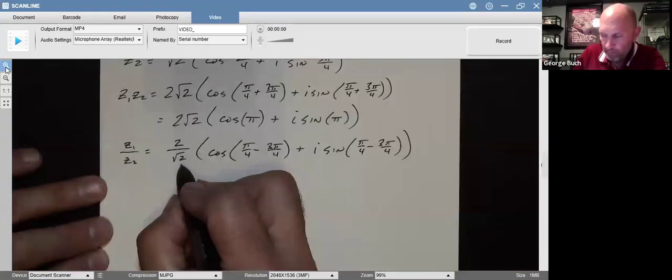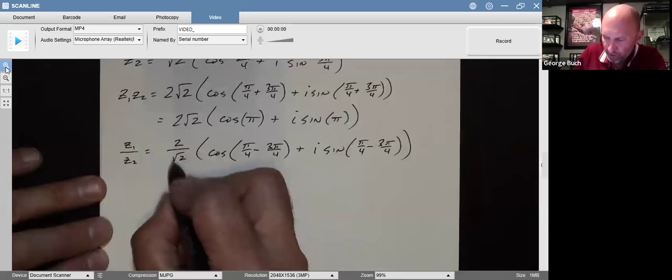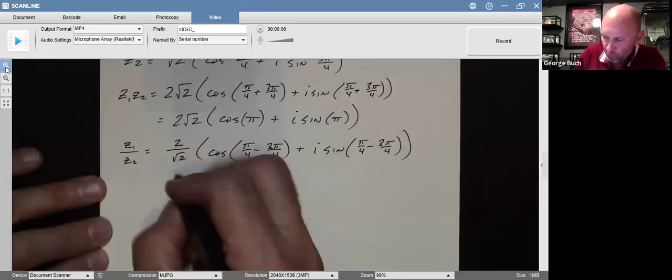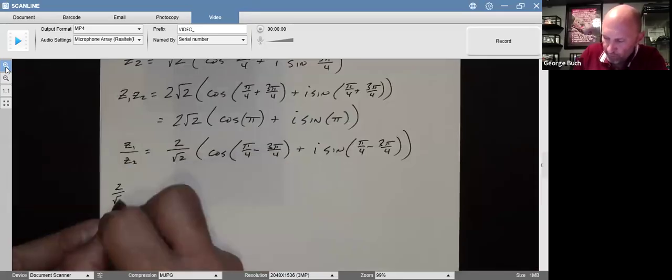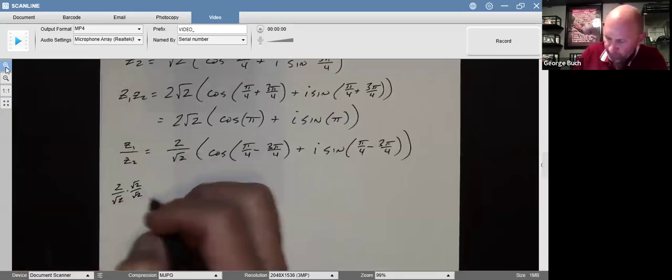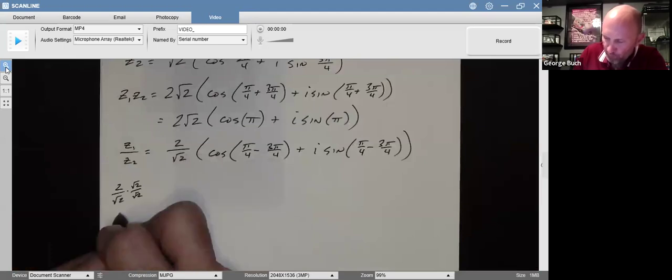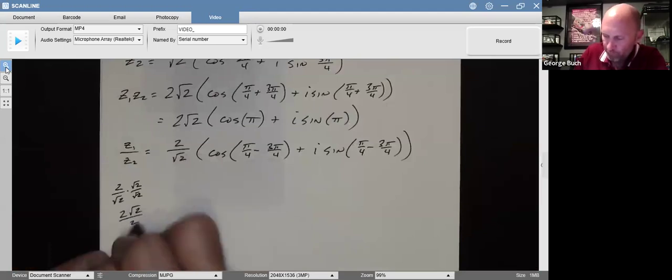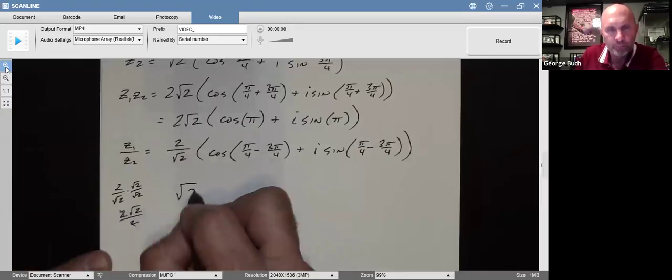So this one, I can rationalize it. If I have 2 over root 2, multiply the top and bottom by root 2, I get 2 root 2 over 2. And the 2's cancel out, so I just get square root of 2 in front.